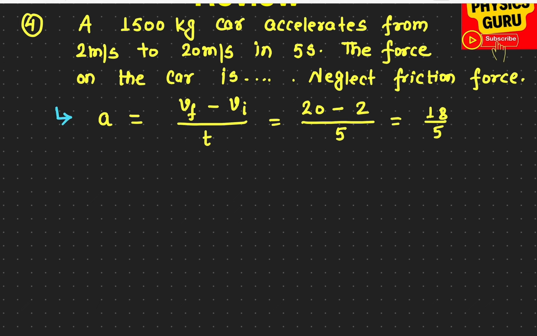And now, if I know my acceleration, I can find out the force acting on the car, which is the mass times acceleration. The unit of acceleration is meters per second squared. So you know the mass, so simply plug in 1500. Acceleration is 18 divided by 5. Do the math and you'll get your answer, and the unit will be Newton.